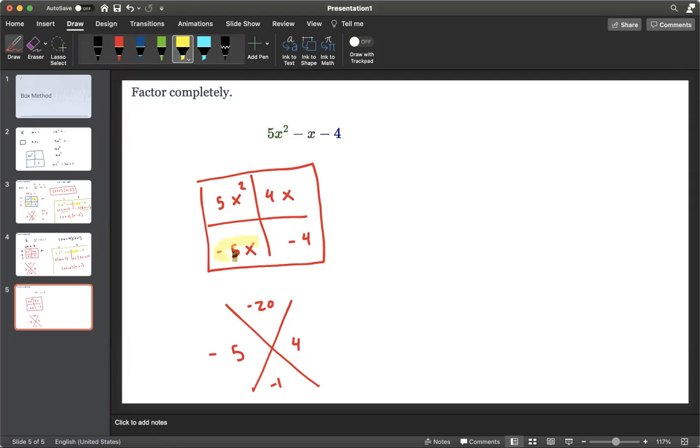We are going to look at these x values. We're looking at, is it positive or negative? Positive 4x, we pull out a plus. Negative 5x, we pull out a negative. We look at our first column. What is the GCF? Look at the second column. What is our GCF? Now we're looking at our first row.